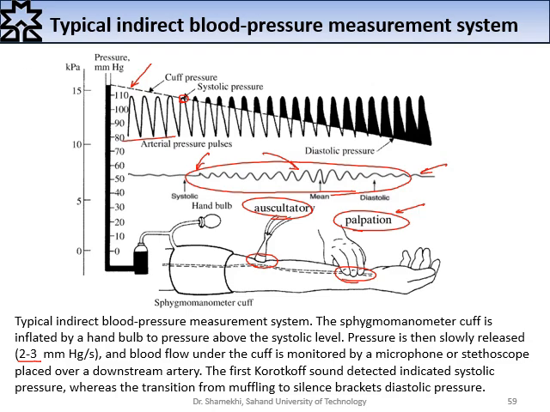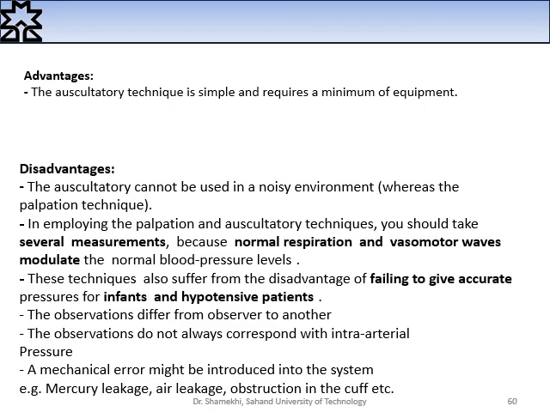The auscultatory technique is simple and requires a minimum of equipment, and this is the most important advantage of the system. But this method suffers from some disadvantages. The auscultatory method cannot be used in a noisy environment, whereas the palpation technique can.